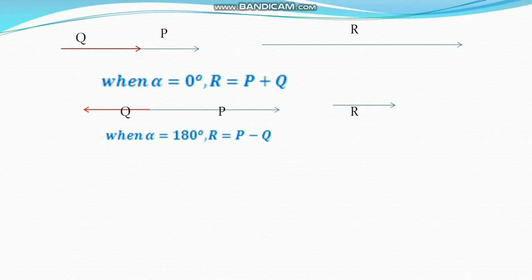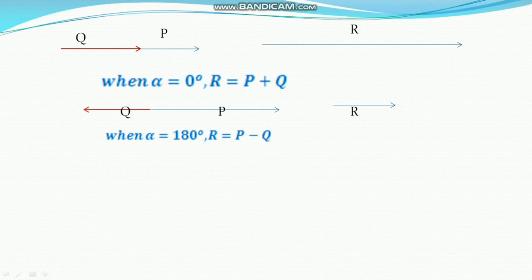Where alpha is 0, cos alpha will be 1, so R square will be equal to P plus Q whole square, or R will be equal to P plus Q.